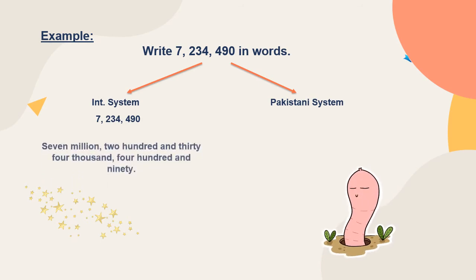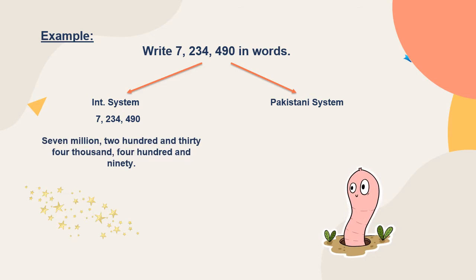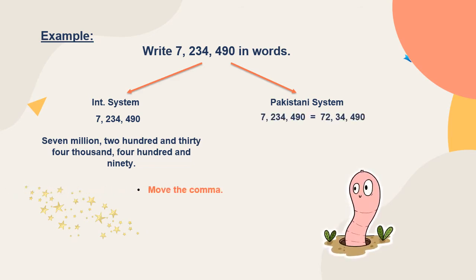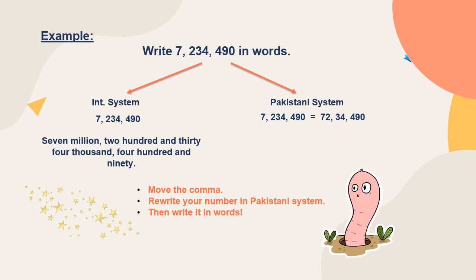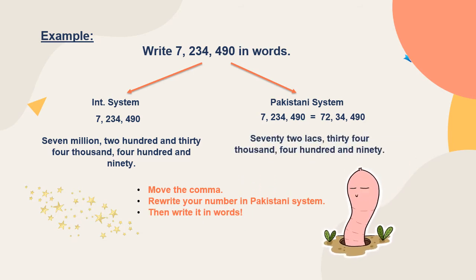And according to that, we have 7,234,490. For the Pakistani system, our rule is first adjust the commas: pick up the first comma and place it between 100,000s and 10,000s. And now we have 72,34,490.